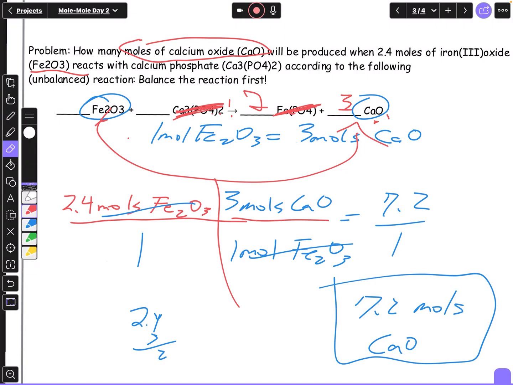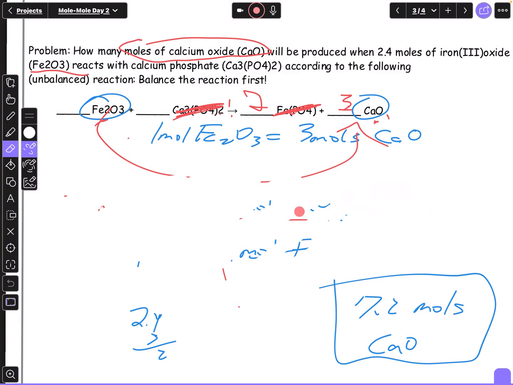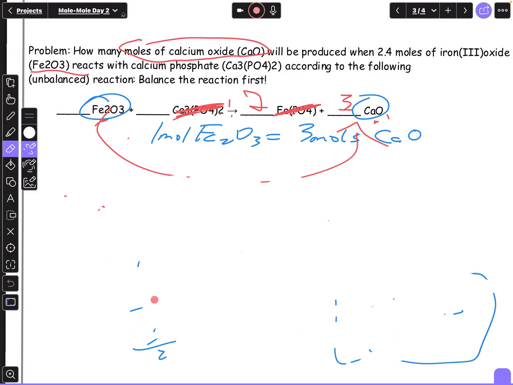Alright, I could have also done it the other way, doing a ratio. If I did it that way, well then I'm looking for, I got 2.4 moles of Fe2O3, put that underneath there.